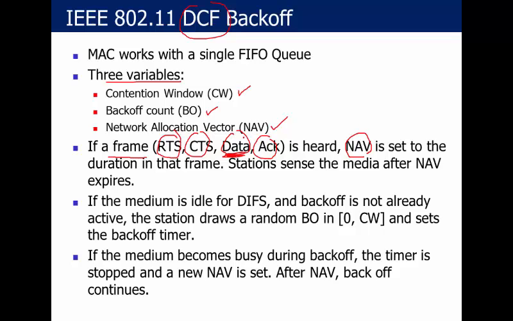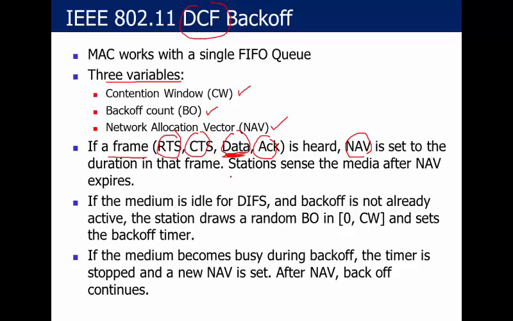Let's say RTS packets can take 2 microseconds, CTS can take 2 microseconds, a data frame may take 50 microseconds, and acknowledge maybe 2 microseconds. So each one knows that it wants to wait this much, because somebody is now using the channel. By listening, I can increase and decrease my NAV.